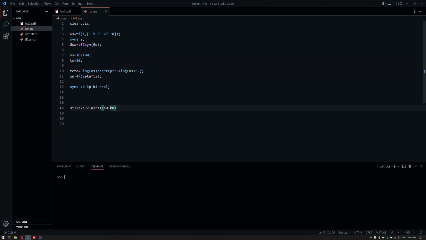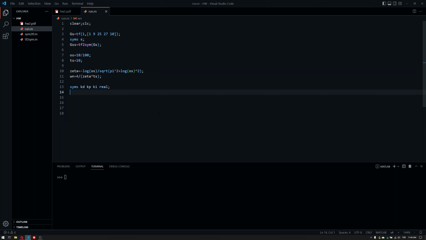We will have the root locus in terms of k0, and we can see how we can move the poles in this case. So if you have an nth order polynomial and you want to assign n poles, then you need n coefficients. And for the PID controller, we have three parameters.